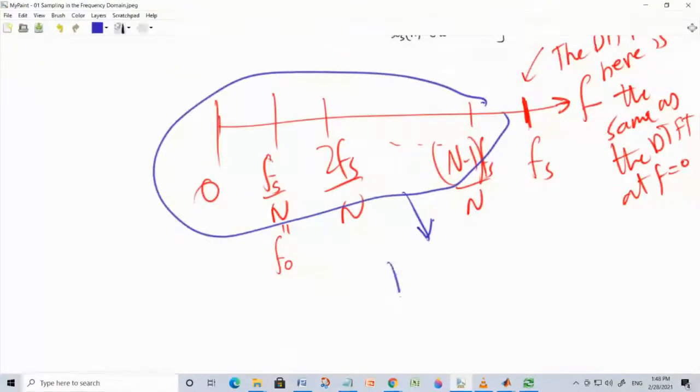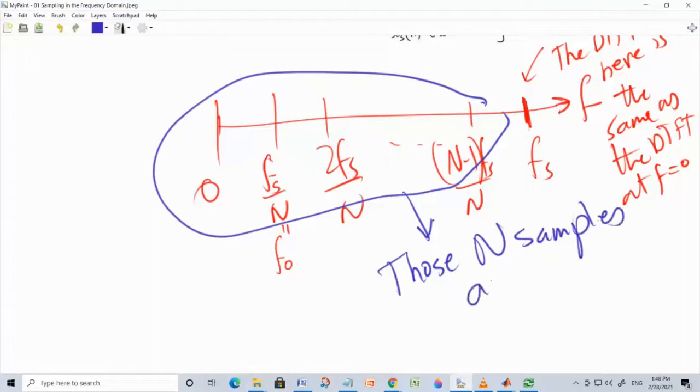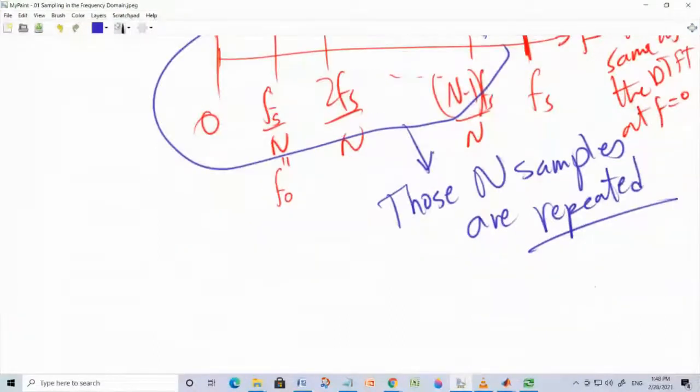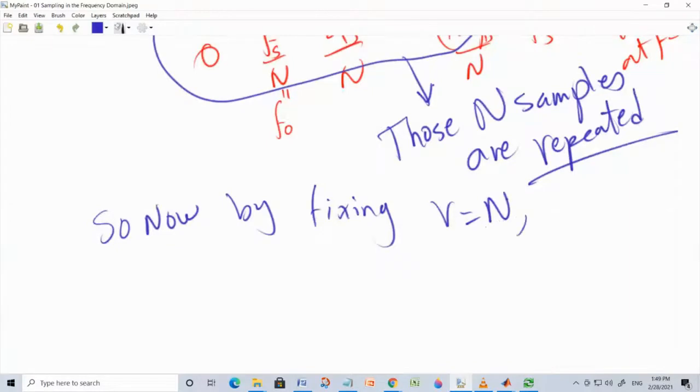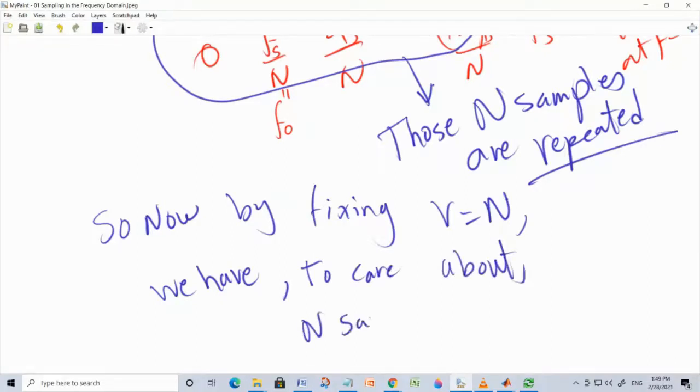So those n samples are repeated. So you just need to care about n samples. So now, by fixing v equals n, we have to care about n samples in the time domain.